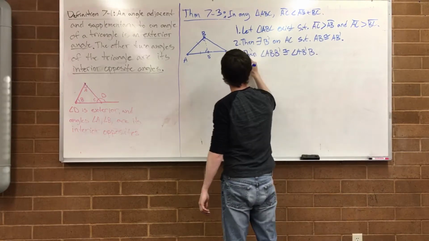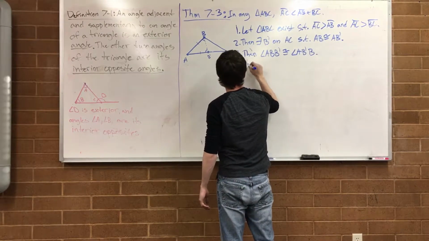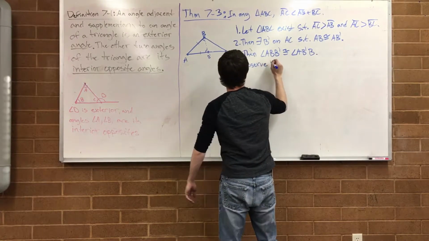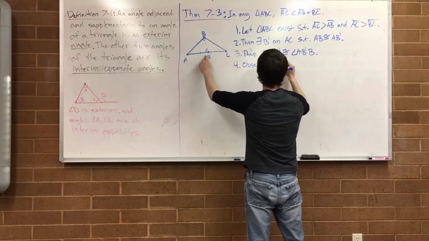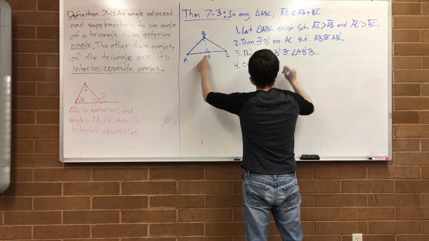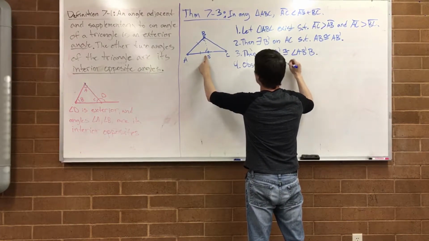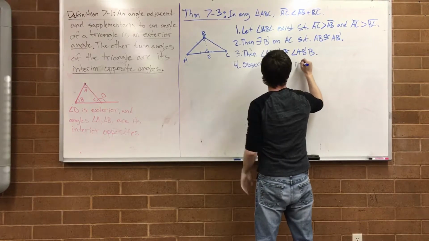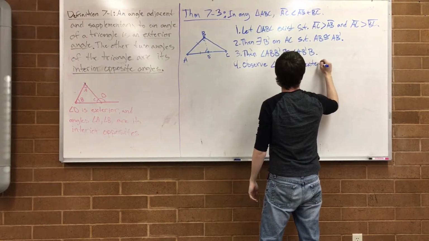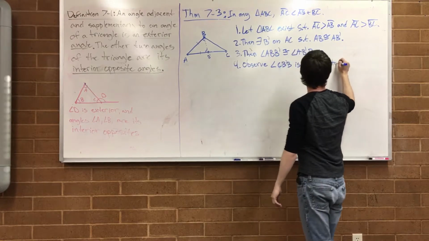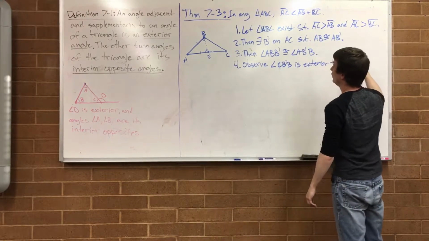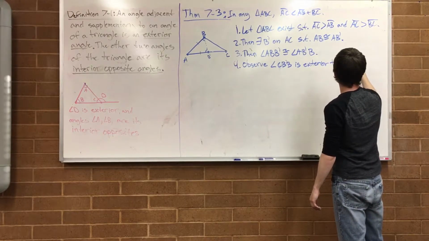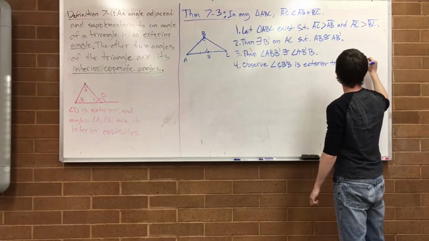So, let's say that. Observe angle CB prime B is exterior to triangle ABB prime.